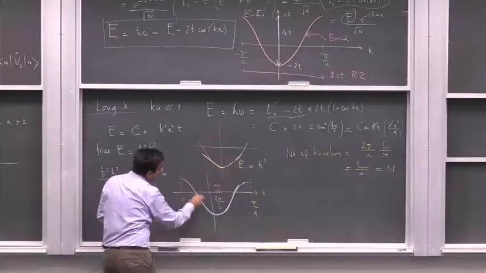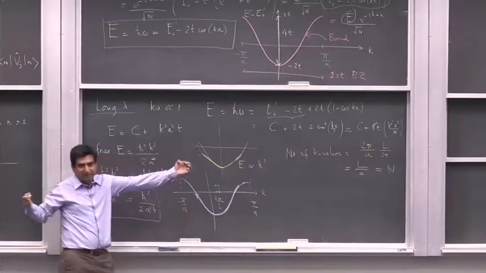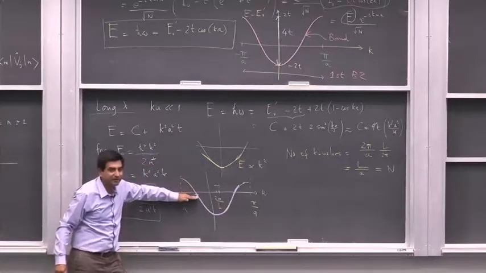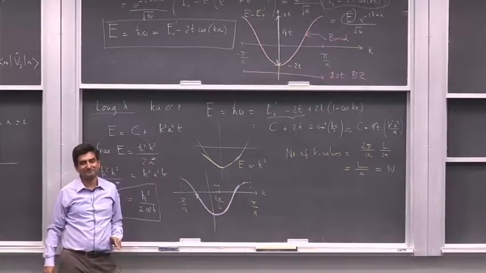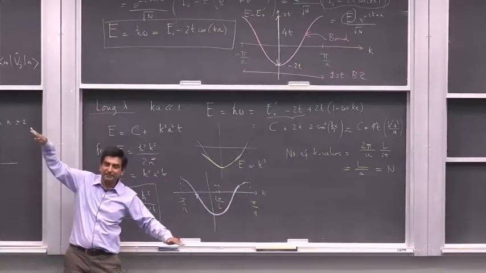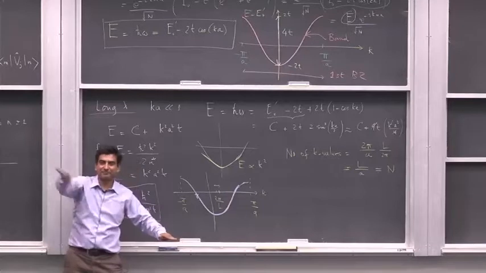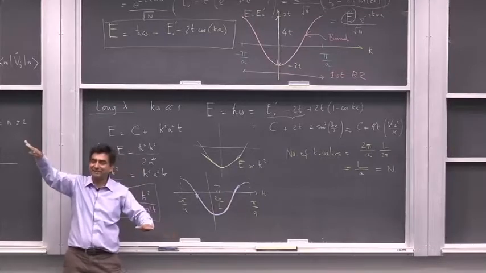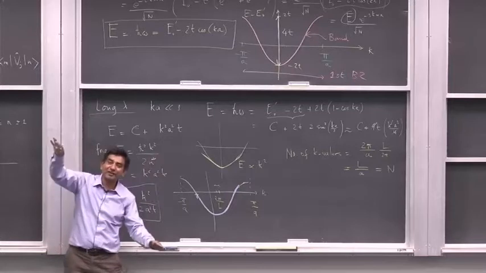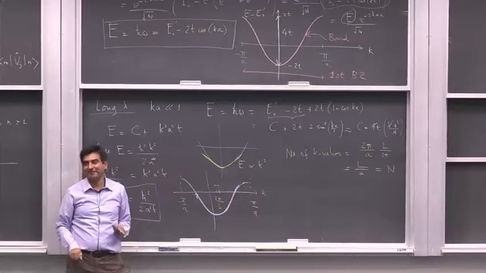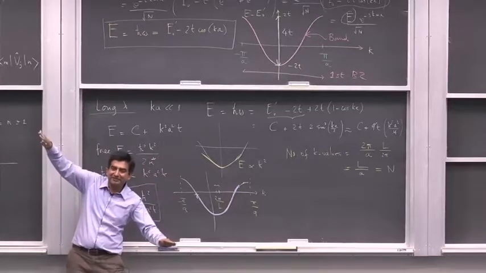So on the two sides of the one-dimensional chain, there is a lowering of the Fermi level here and a raising of the Fermi level here. And because of this difference in Fermi level, the current starts to flow. So when you apply an electric field to a half-filled band, it can conduct electricity. You have a gradient in the Fermi level.